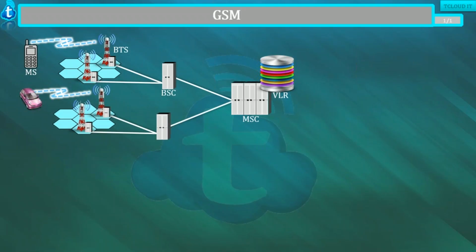One MSC need not serve a single BSC; one MSC can even serve multiple BSCs as well. So how many BSCs can one MSC serve? That means how many user requests can be received and processed by the MSC. That would depend on the MSC's hardware and software capabilities.